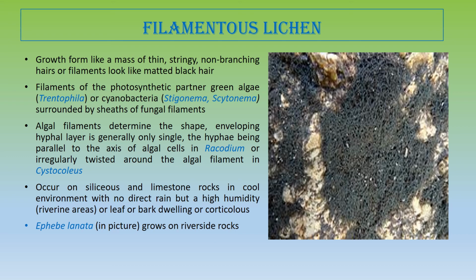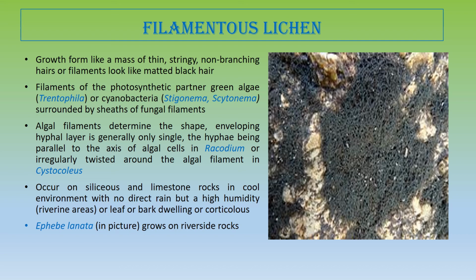In one type of filamentous lichen, the fungal filaments run parallel to the surface of the algal filament, and in another type, the fungal hyphae are twisted around the algal filament. So two types: the first is the Rhacodium type, and the second is the Cistocoleus type.